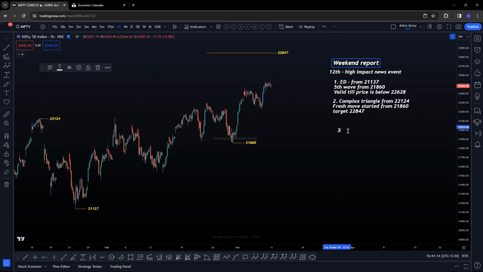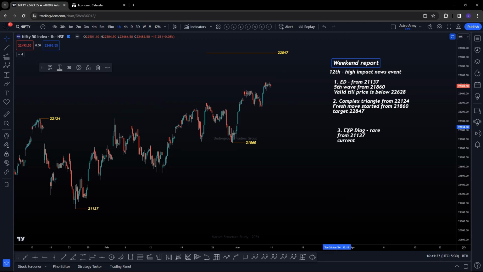Okay. So third point is expanding diagonal, rare possibility. Okay, expanding diagonal from 21,137. Okay, currently where are we?